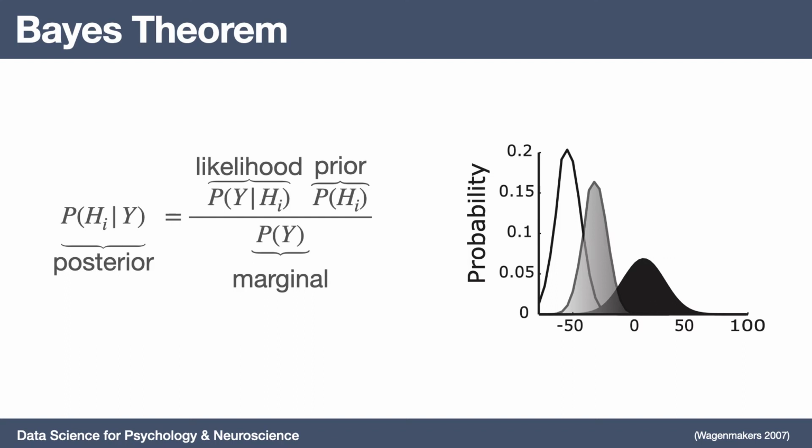If we set the marginal probability to 1, which is basically the assumption that you're seeing all the data that you can see, then the relationship between the likelihood and the prior determines the position and shape of the posterior distribution.